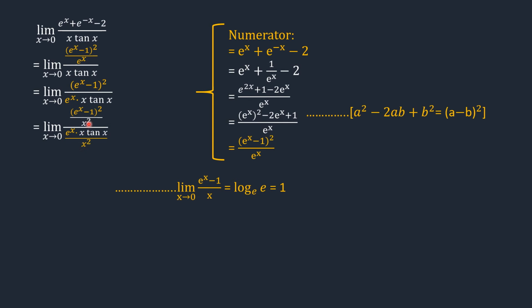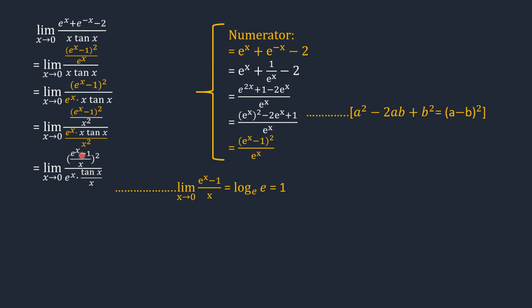See, we have divided by x square in the numerator and denominator. In the next step we will write in the numerator e to the power x minus 1 over x whole square. In the denominator, this x will get cancelled with 1x from x square and it will be tan x over x.